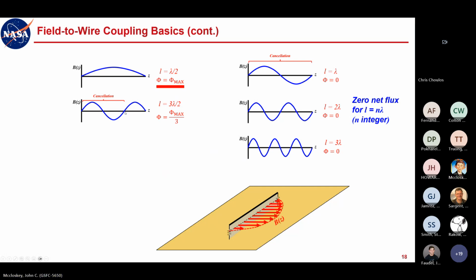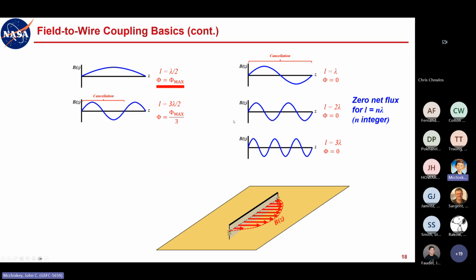You could work through the math, and I have, but you can just look at this visually. You can see that the net flux in this case, for L equals 3 lambda over 2, is going to be 1/3 of the maximum flux. Okay, everybody with me?